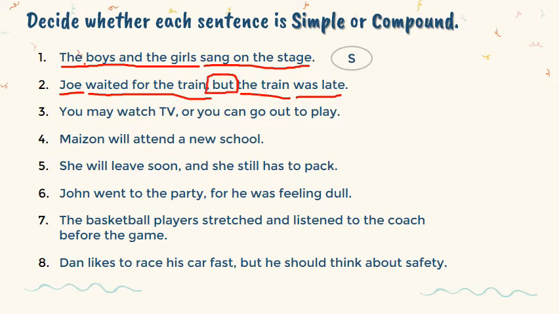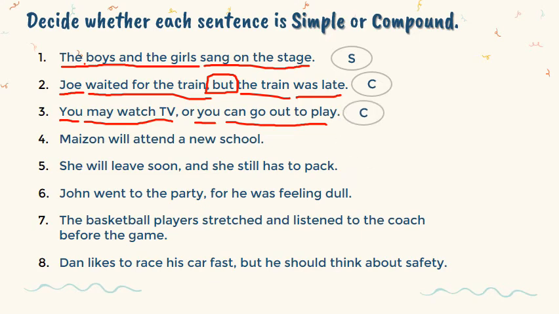So this one is not a simple sentence, it is a compound one. Number 3: You may watch TV or you can go out to play. Subject, predicate, subject, predicate. Two complete sentences, two ideas joined with "or". So this is a compound sentence.